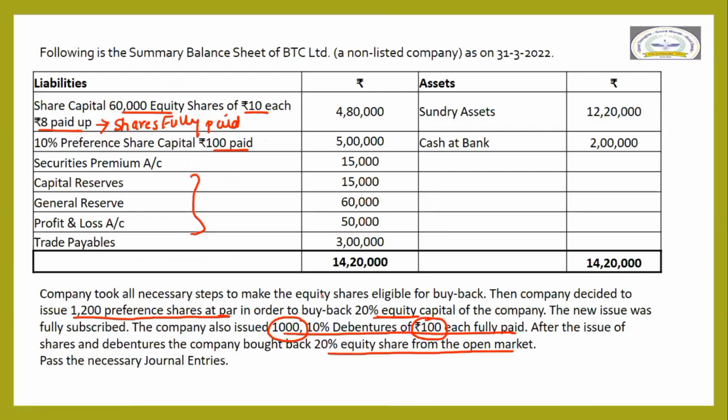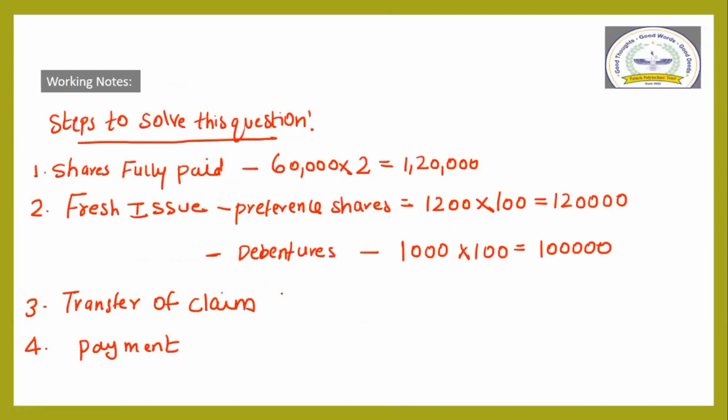Now the important thing is the amount. See, here it is written 20% of equity capital. 60,000 multiplied by 10 each, because 10 is fully paid, gives 6 lakh rupees, and 6 lakh rupees multiplied by 20% is 1,20,000 rupees.